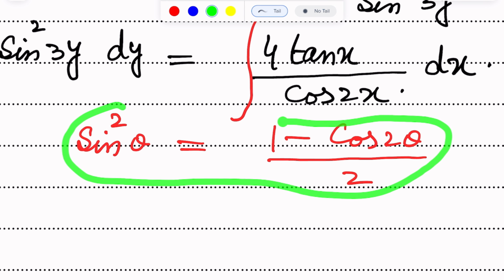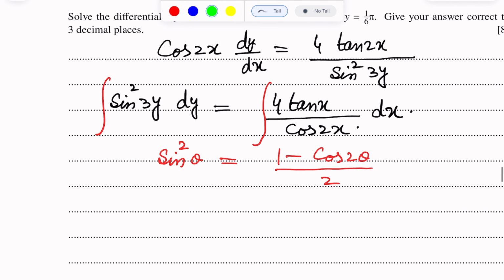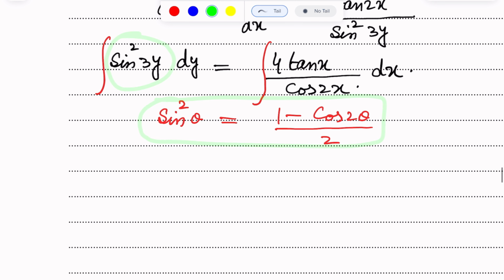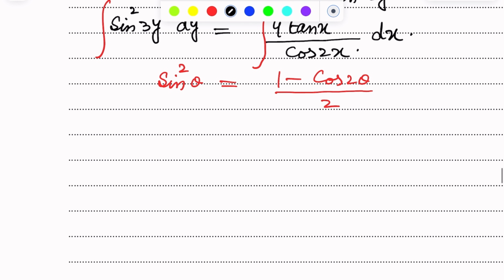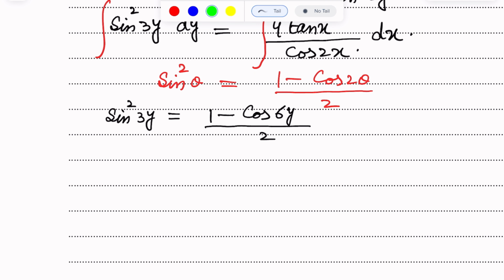We are using this formula here: sine square 3y will be 1 minus cos 6y over 2. It is very clear that on the left hand side angle is 3y, on the right hand side angle is double. We have used this formula here.